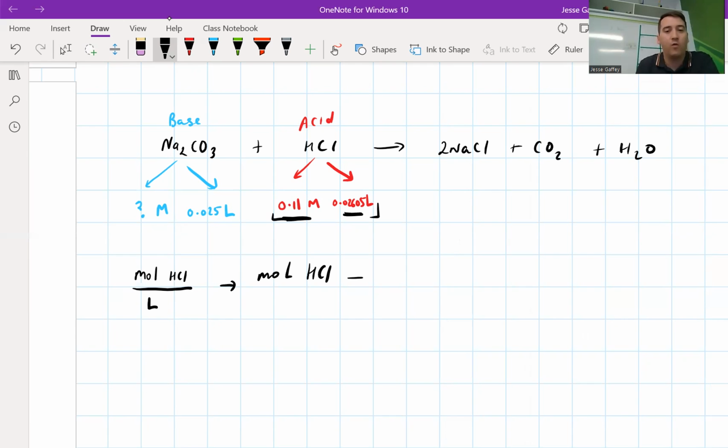From there, we can find out, if we use that many moles of HCl, how many moles of Na2CO3 reacted with that? Most of you should know how to do that. Again, if you don't know how to do that, we can get you some help as we go along. Then we've got to find the answer in moles of Na2CO3 per liter.